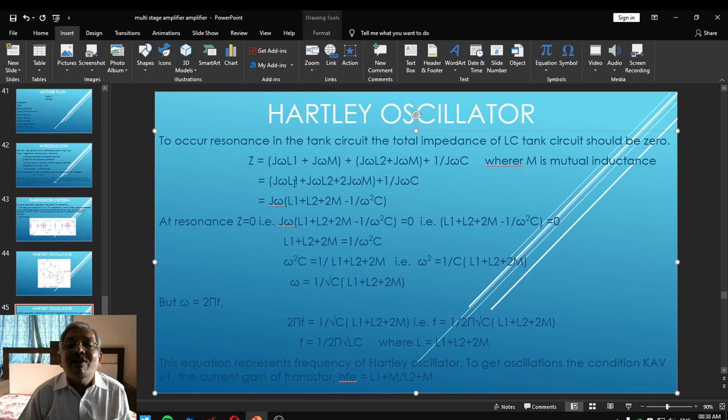Now take j omega common from this. When you take j omega common, we get L1 plus L2 plus 2 times M minus 1 upon omega square C.